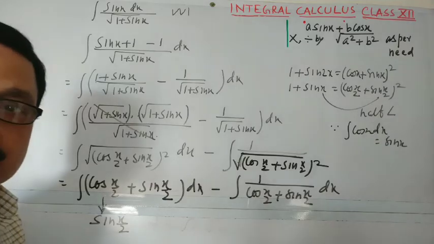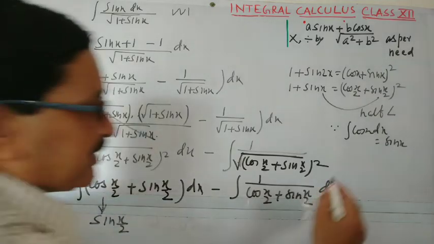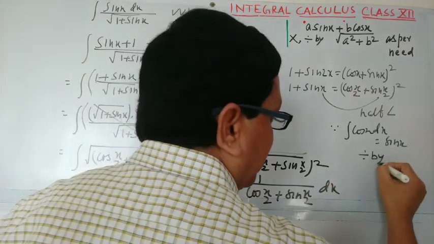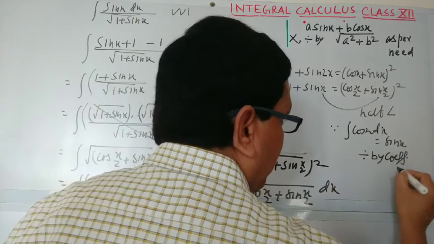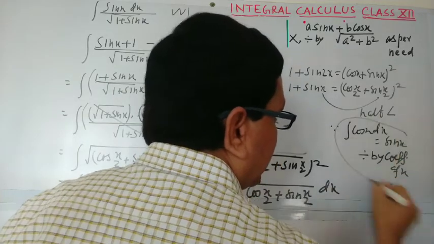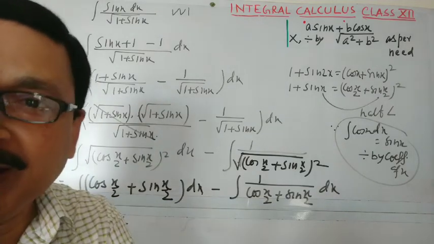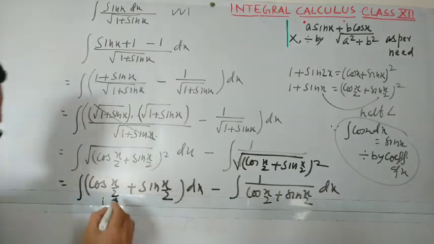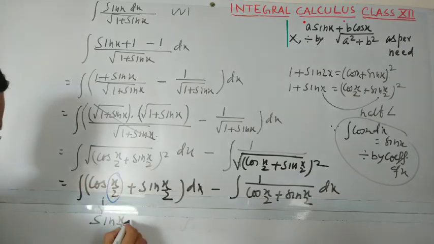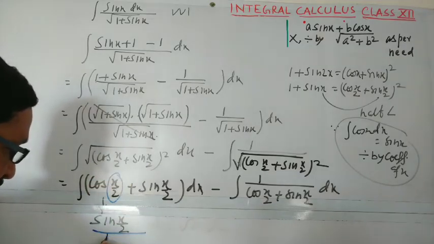But students, never forget that everywhere divide by the coefficient of x. In all the integral formulas, if there is a coefficient of x, divide by the coefficient of x. So the coefficient of x is 1 by 2, so divide by 1 by 2.